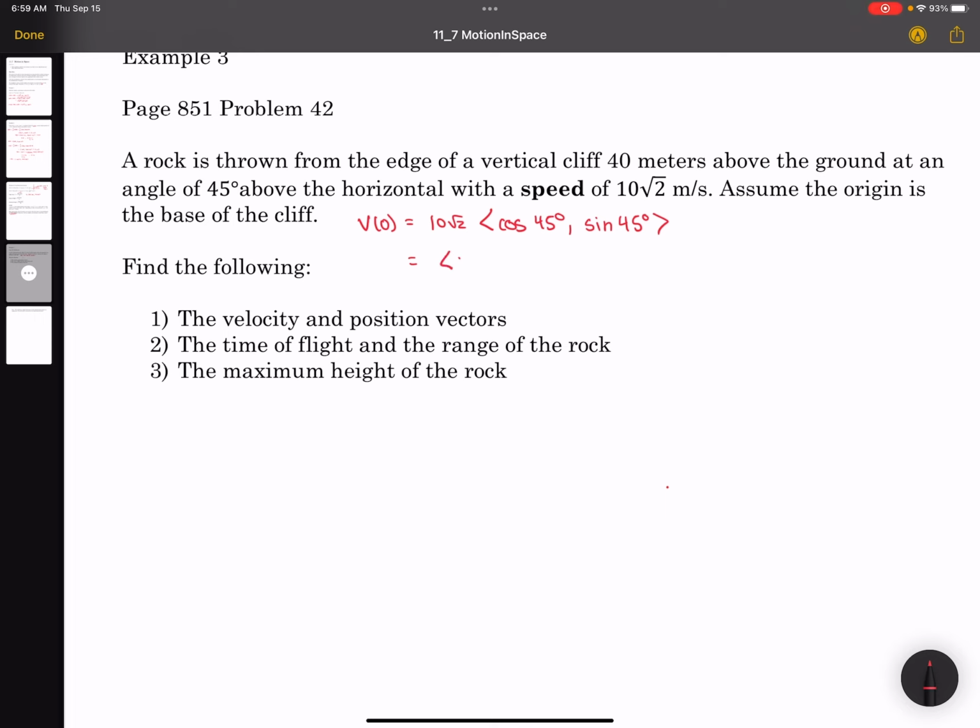So we get this vector 10, 10. If you need to pause to work that out, do so, but that's what we get. And so then our initial position, since we're starting 40 meters above the ground, is going to be 0, 40. And since we're using meters per second, we're going to assume that g is equal to 9.8.